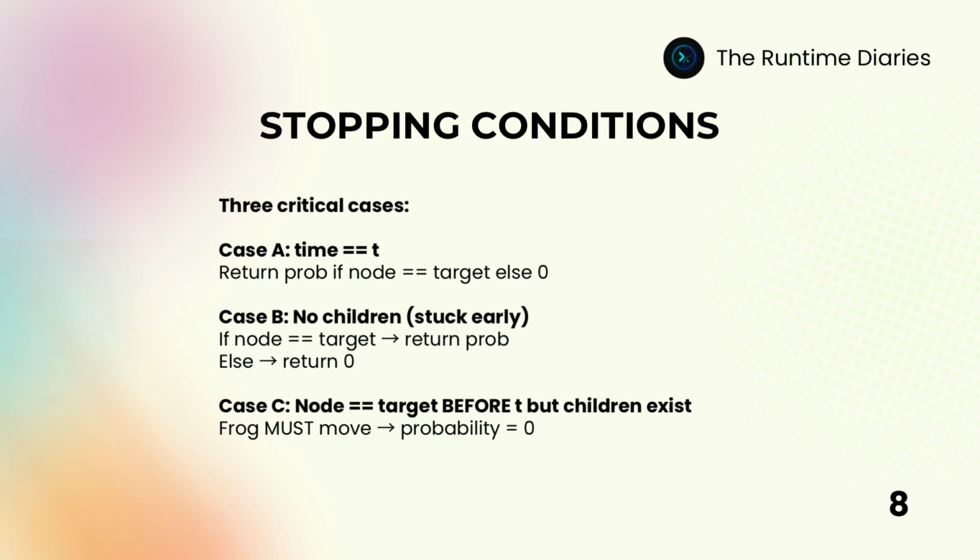If this is the target, the frog stays, so return probability. Otherwise, return 0. Case C, we reach the target early, but it has children. The frog must keep moving, so the probability of staying at the target is 0. These 3 rules solve most edge cases.